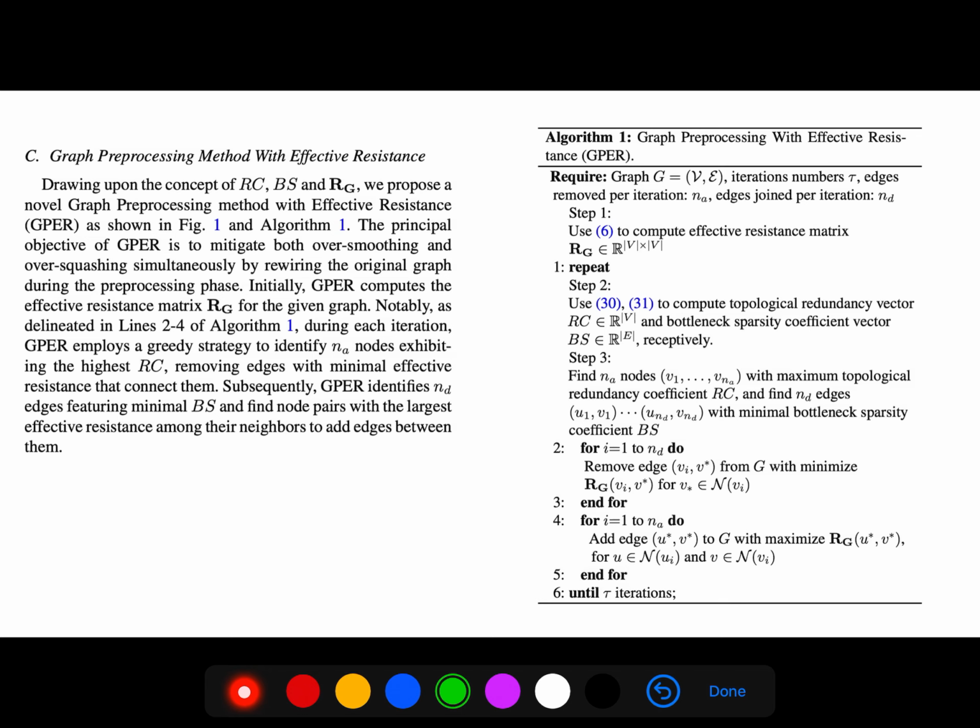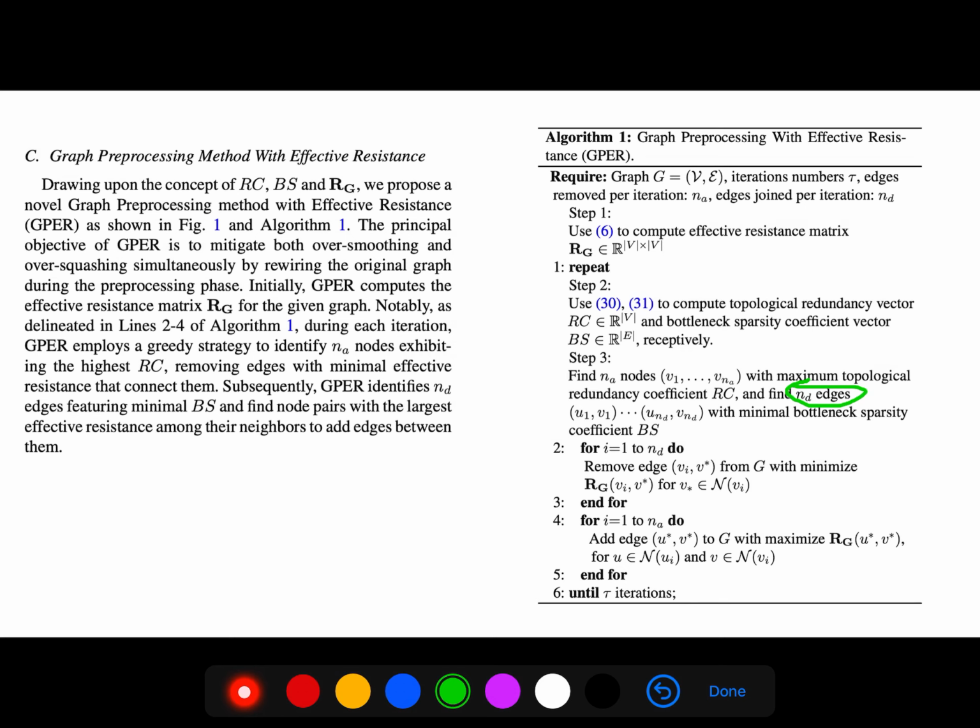So for the algorithm, first it needs a graph, then we compute the effective resistance matrix. Once we have this matrix R, then we compute the topological redundancy vector and the bottleneck sparsity coefficient vector. Then we find nodes with maximal topological redundancy coefficient and n sub d edges.